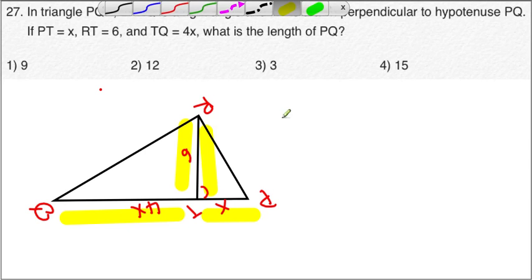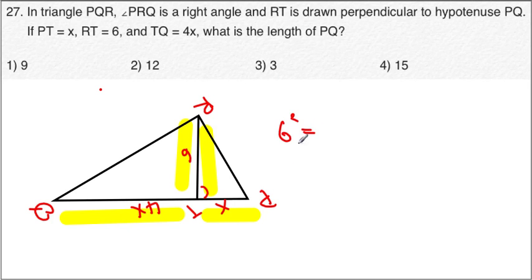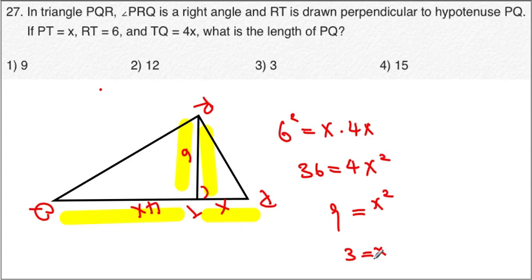So I call it smiley face, but you can call it whatever you want to. So we have 6 squared must be equal to x times 4x. That means 36 must be 4x squared where x squared then is equal to 9 by dividing it by 4, then x must be equal to 3. Now, then this portion is equal to 3, and this portion is equal to 12. So when you combine them, both of them together, it's got to be 15.